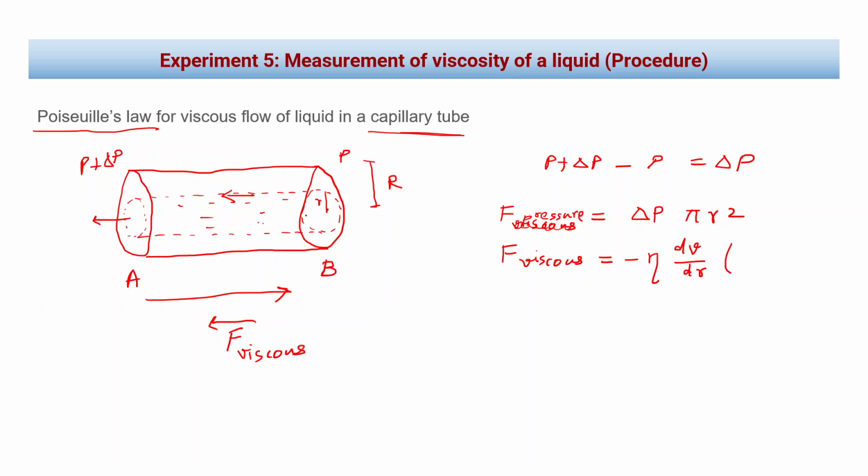Area of the cylinder will be 2 pi r times the length. Let's say the length of this tube is capital L. Then this will be 2 pi r times L. This 2 pi rL is the total surface area on which this viscous force is acting, which is the total surface area of this liquid that we have considered.